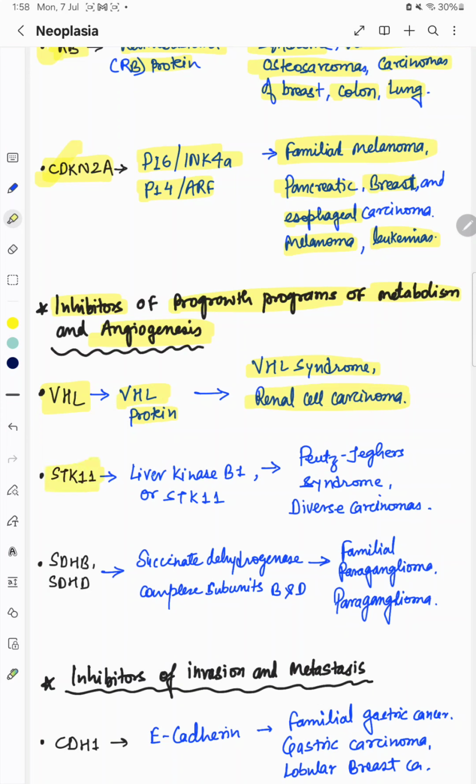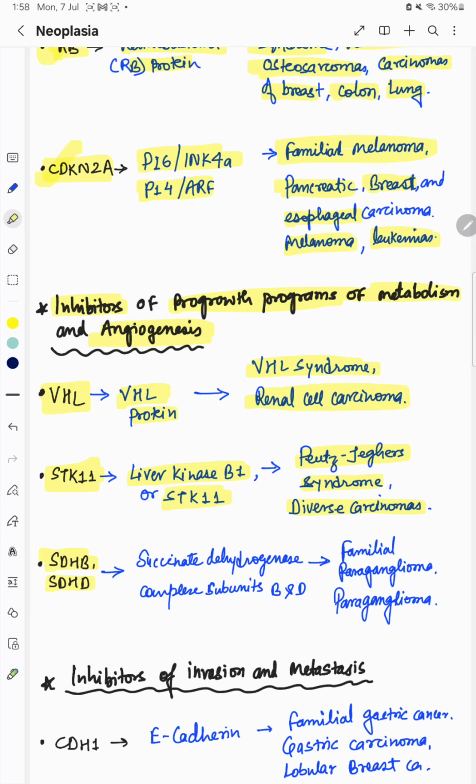STK11 gene encodes liver kinase B1 or STK11. Mutation of this gene is seen in Peutz-Jeghers syndrome or diverse carcinomas. All of these cancers we will discuss in systemic pathology in detail.